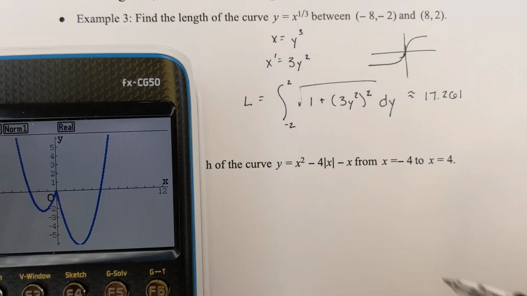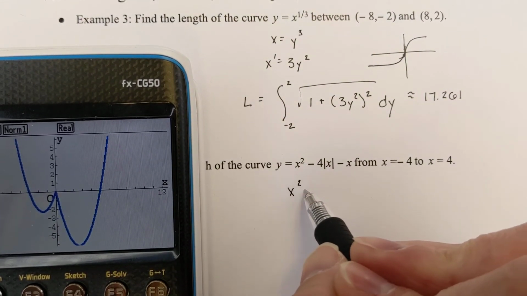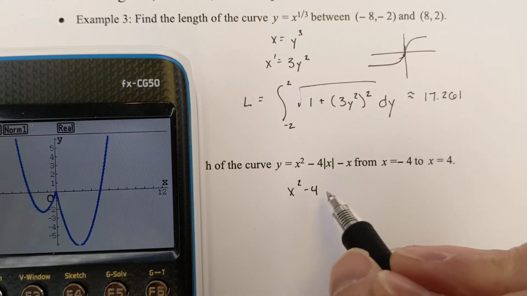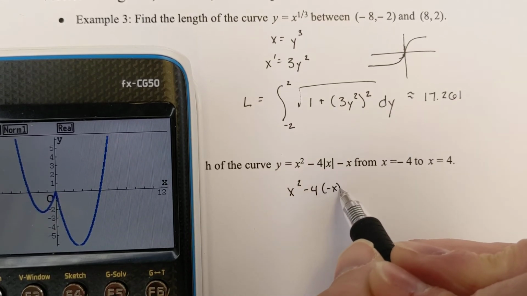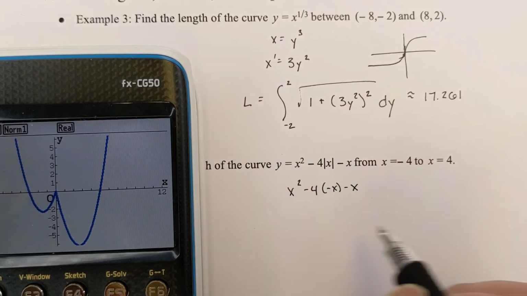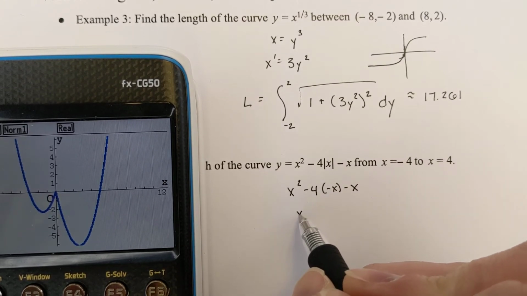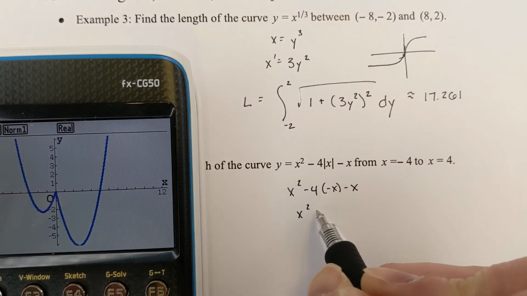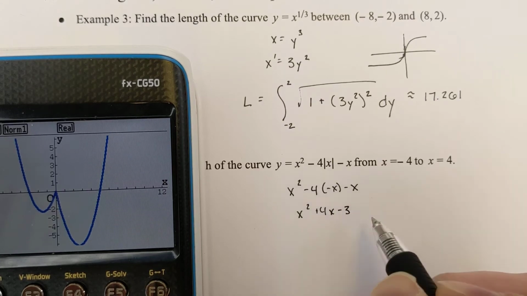Now, the trick here is, let's see here. So this is going to be x squared plus 4x minus x.